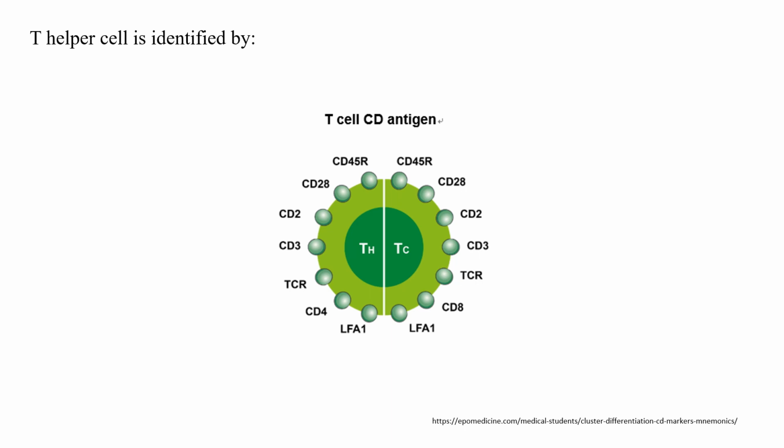They are thus a special subpopulation of CD4 cells. As you can see, we can easily distinguish a TH cell, that is a T helper cell, from a cytotoxic T cell with the help of CD4 markers. So that's how you identify a T helper cell.